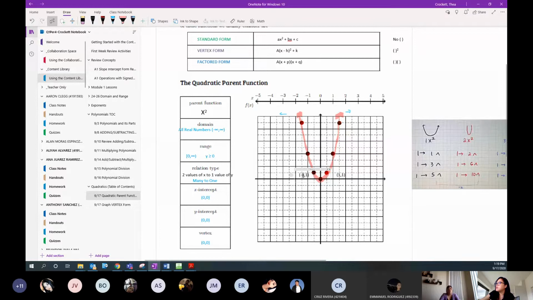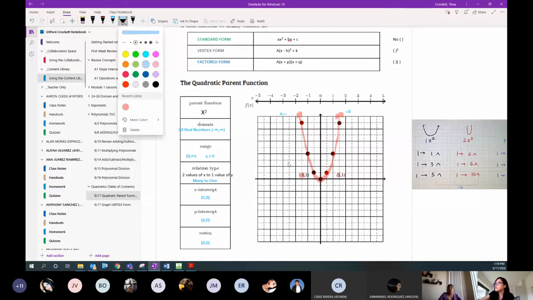So from here, we have two values of x for every value of y. The value of y is positive 1 as well as positive 1 on the other point. So we could say that the relationship is many to 1 because we have two values of x for every value of y.